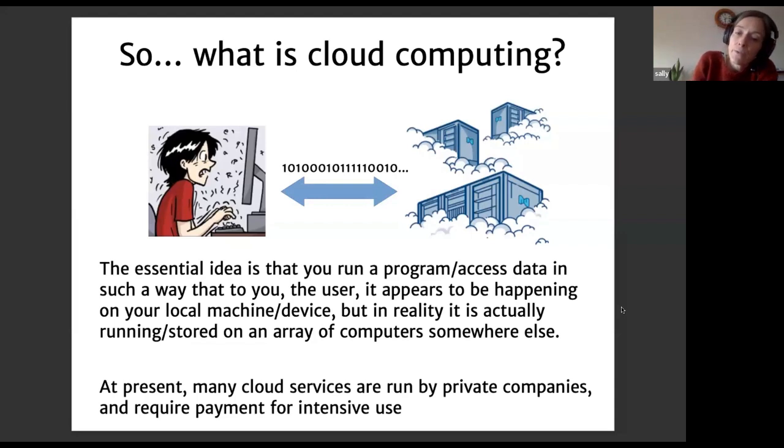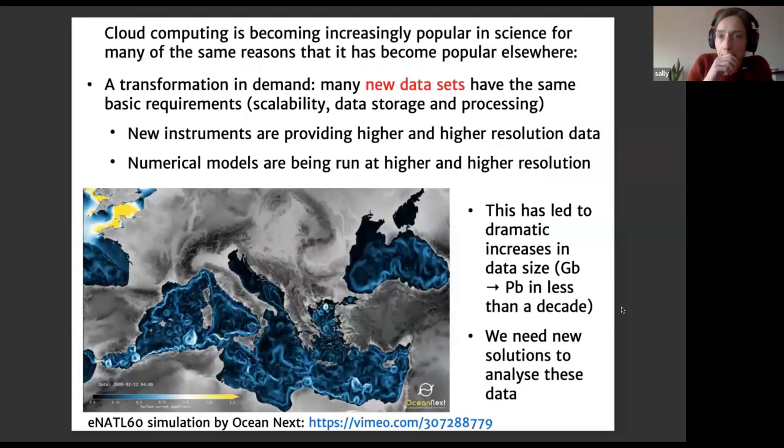The reason this has become increasingly popular in science is the same reason it's become increasingly popular in everyday life. And it's the reason that it's Google and Amazon that run these servers: they're companies dealing with massive amounts of data, so they're big enough for it to be worthwhile to invest in this infrastructure.